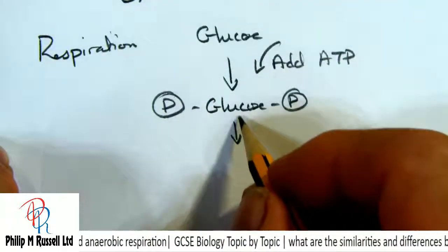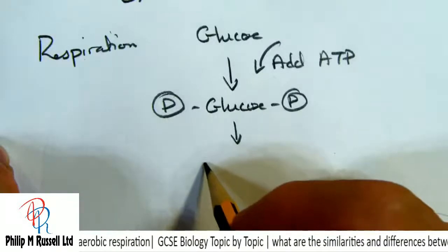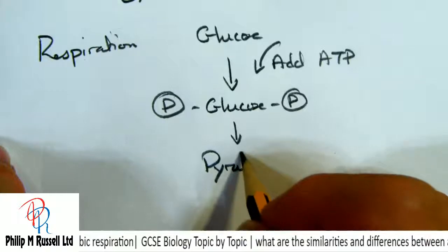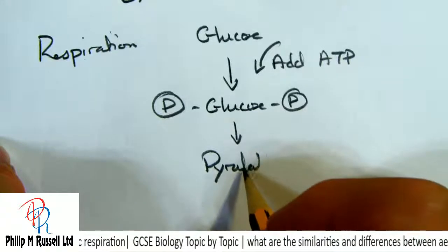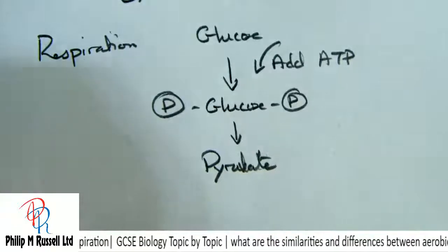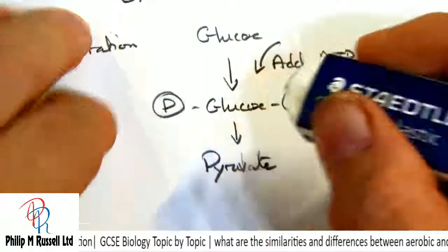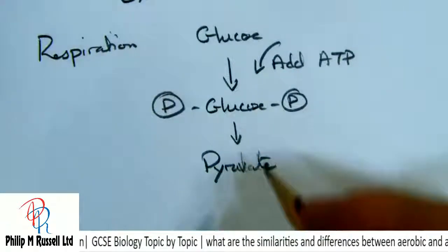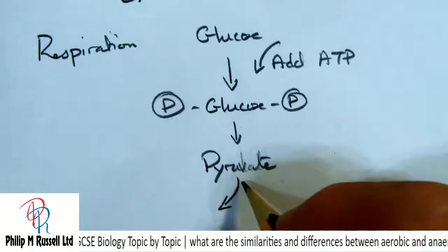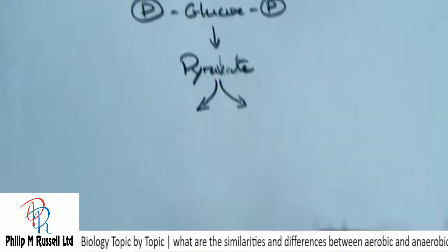and then this glucose breaks down into a chemical called pyruvate, can't spell, and that can go then one of three ways.